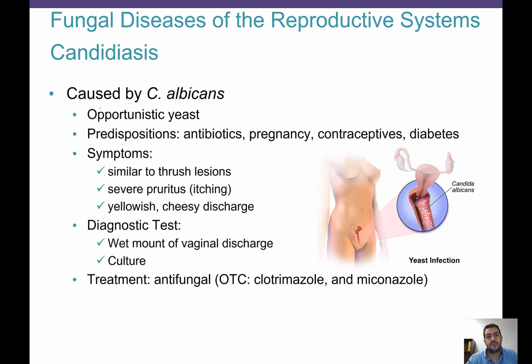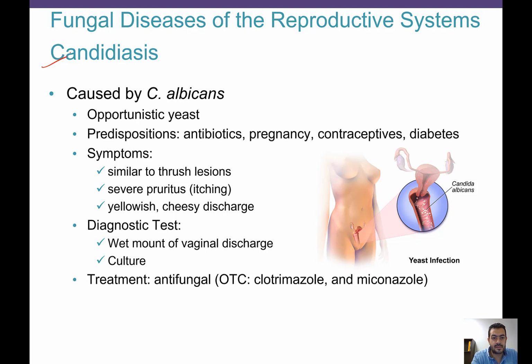There are also fungal diseases that may affect the reproductive system, and here we will take an example, which is Candidiasis. We have already covered Candidiasis before, but we covered it in terms of oral thrush.